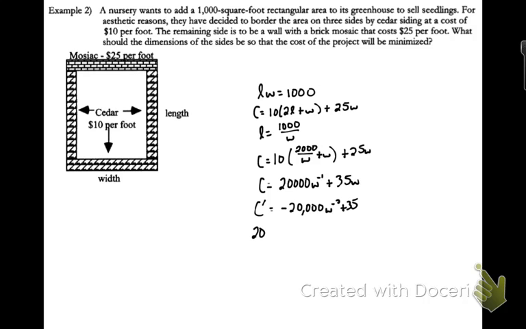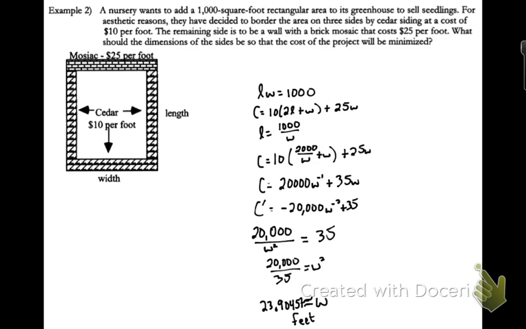So I'll set the whole thing equal to 0, and begin solving this for W. And so 20,000 divided by 35 is what W squared is. So W, when I take the square root of both sides, is about 23.9047, and this will have to be in feet.